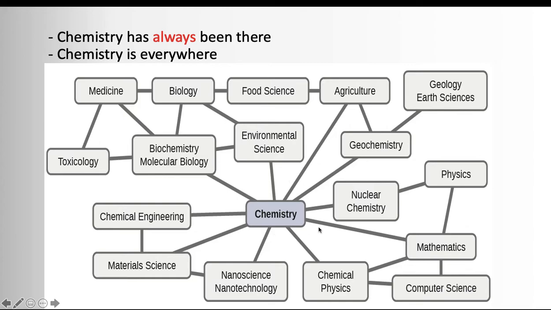So look at chemistry. It's kind of a central science because it can branch out to so many other sciences, and it ties into so many other sciences. With chemistry you can go into engineering. That's a crossover to engineering, chemical engineering, materials science, a huge branch right now. Nanoscience, nanotechnology, huge right now as well. Chemical physics, a crossover to physics and mathematics, and nuclear chemistry and environmental science, biochemistry and molecular biology.